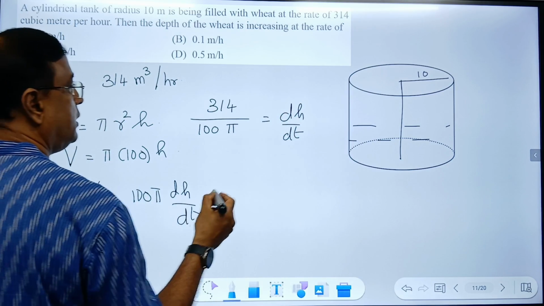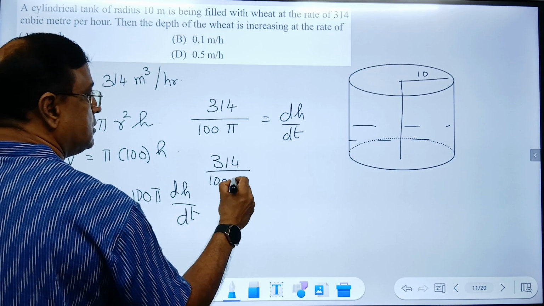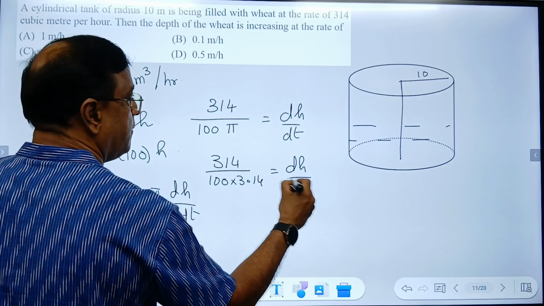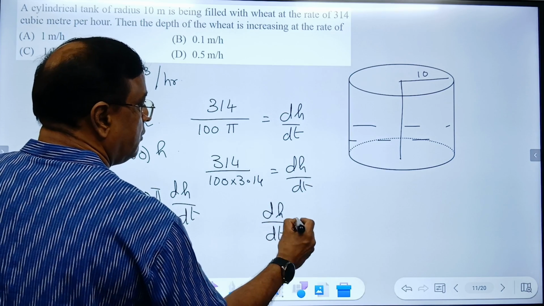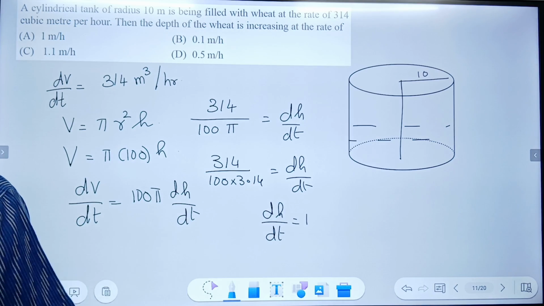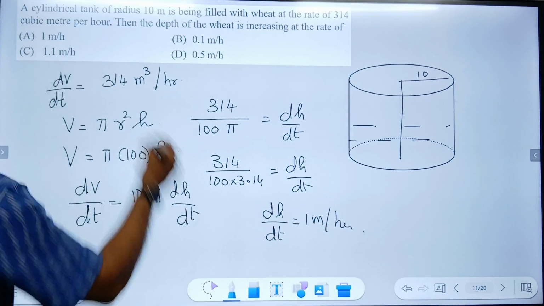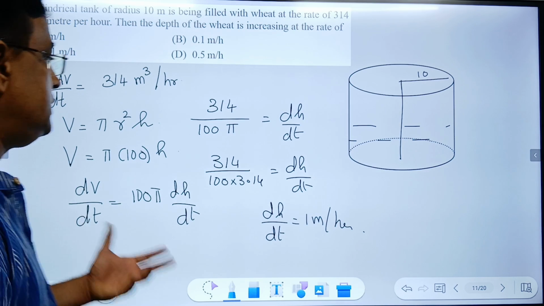So I'll take pi as 3.14. So obviously I get dh by dt equal to 1 meter per hour approximately, and that is the option. Okay, very simple, very nice sum.